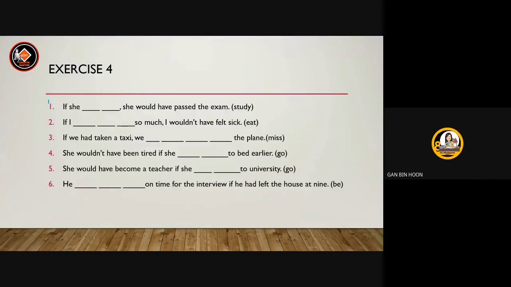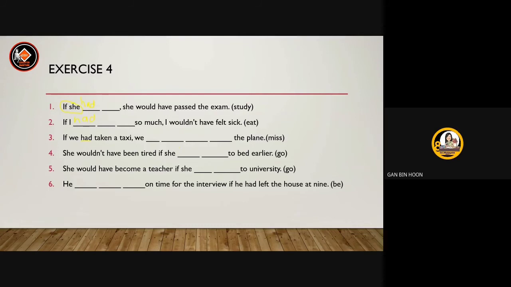So, let's look at the sentence. Okay, let's try this. If she, teacher, if there is an if, how? Yes, this must have had. If there is an if, it must have had. So here we've got had.